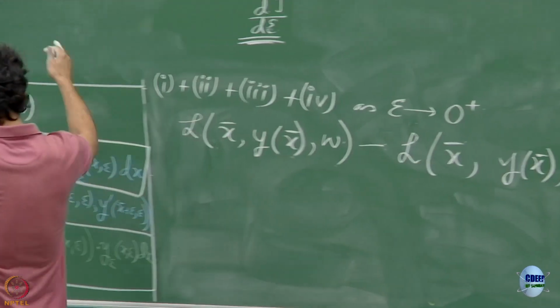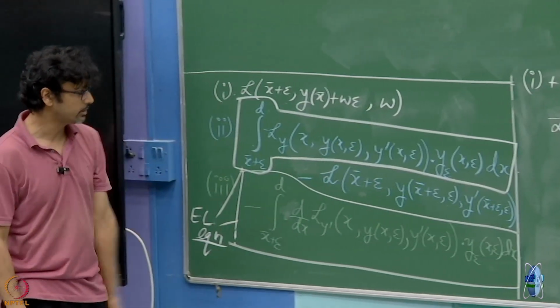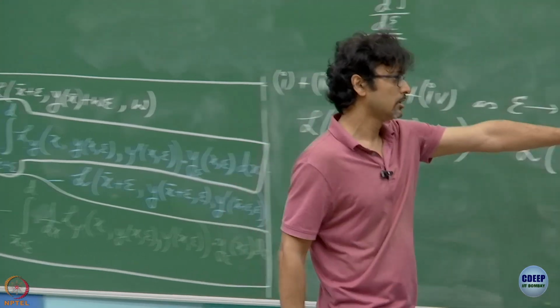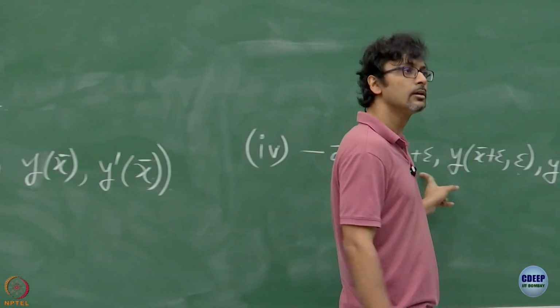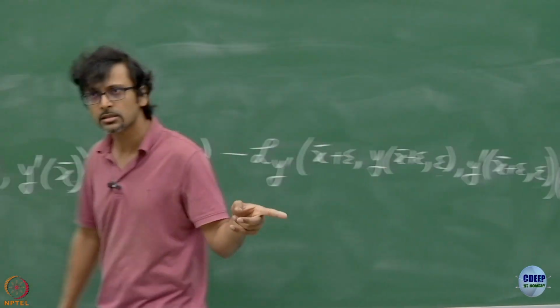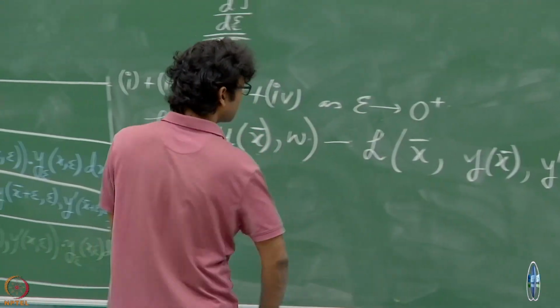Is there anything surviving from the left hand side here from terms 1, 2 and 3? Nothing. The only term that remains is term 4 over here. Again you substitute epsilon in the limit tending to 0 plus from the right hand side. What happens?